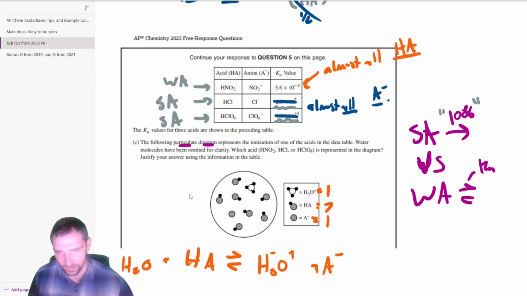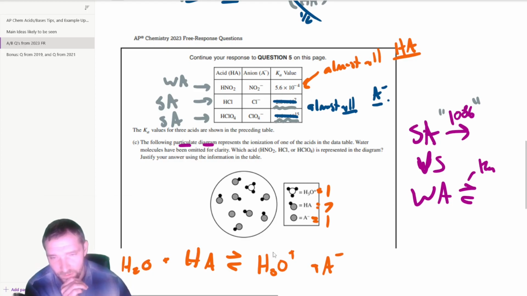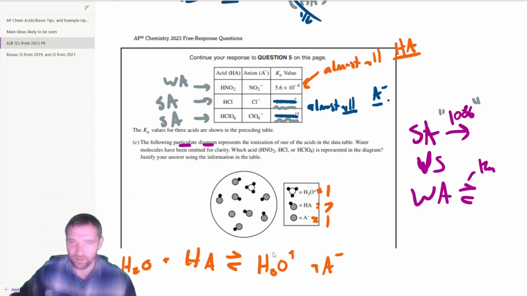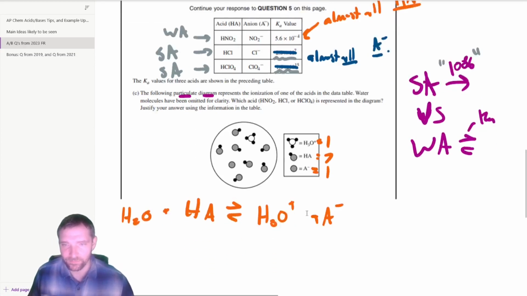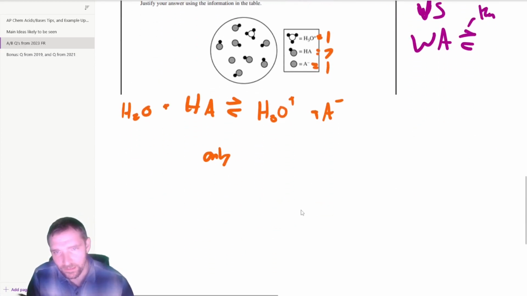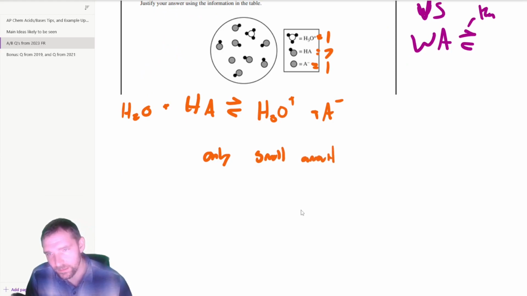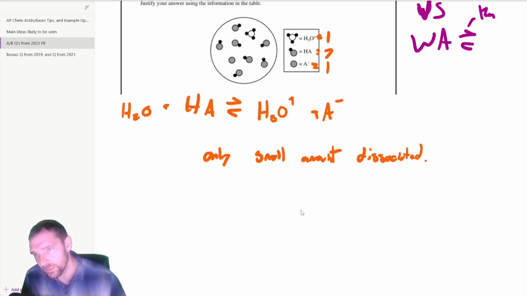We also have the water here when we're actually thinking about H3O plus. So it looks like it went forward once over the 10. It's not a perfect ratio with what this Ka value is, but it's an okay representation. So only a small amount dissociated. Must be weak.